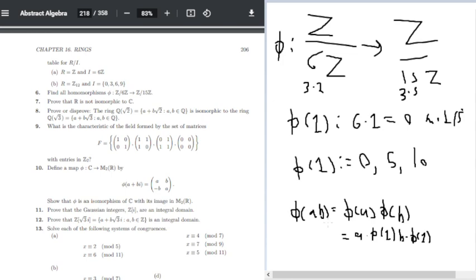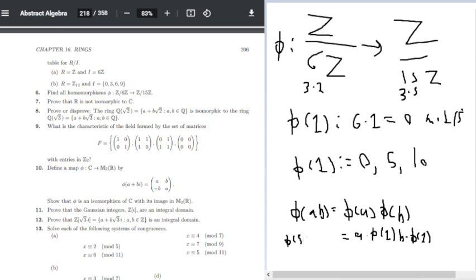Or actually, I'm thinking. So phi of 3 times phi of 2 would be like, okay, actually phi of 3 is sent to us, that's fine.